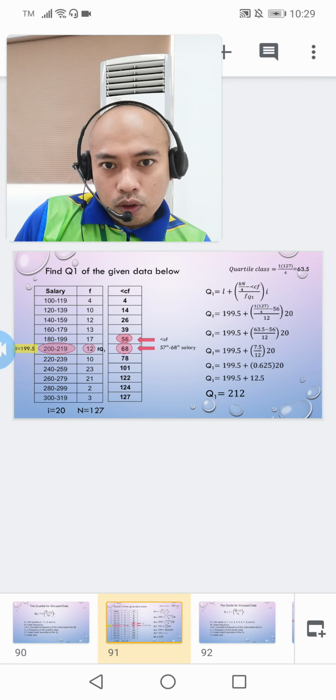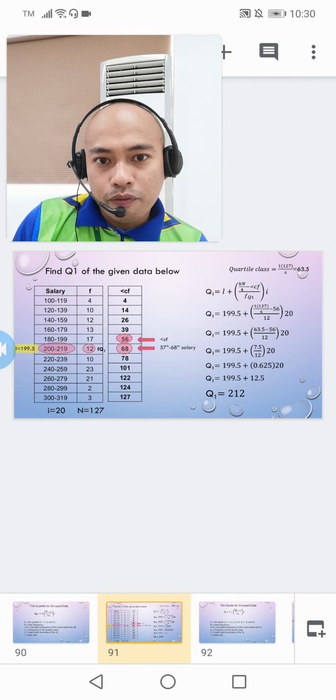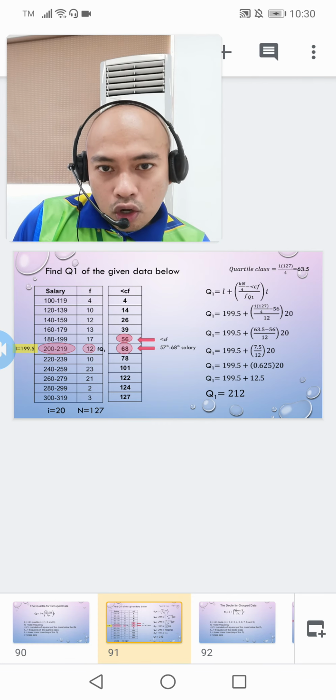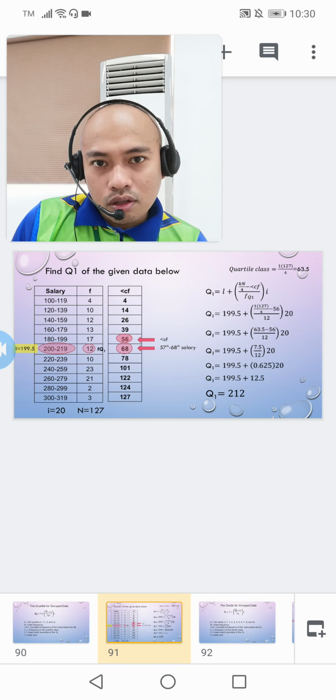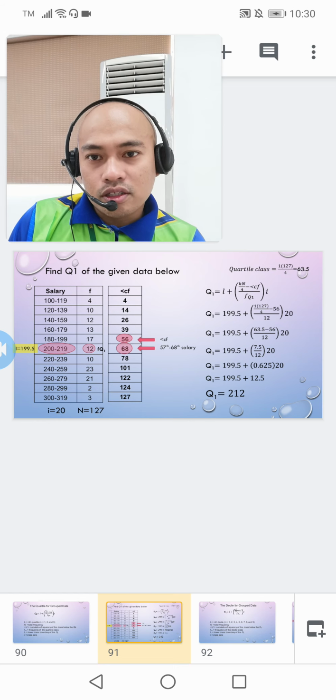Alright, so we will continue computing following the MDAS rule. We need to multiply first before we add. So 0.625 times 20 is 12.5. You sum it up with the lower class boundary of the quartile class, which is 199.5, and that is now equal to 212.